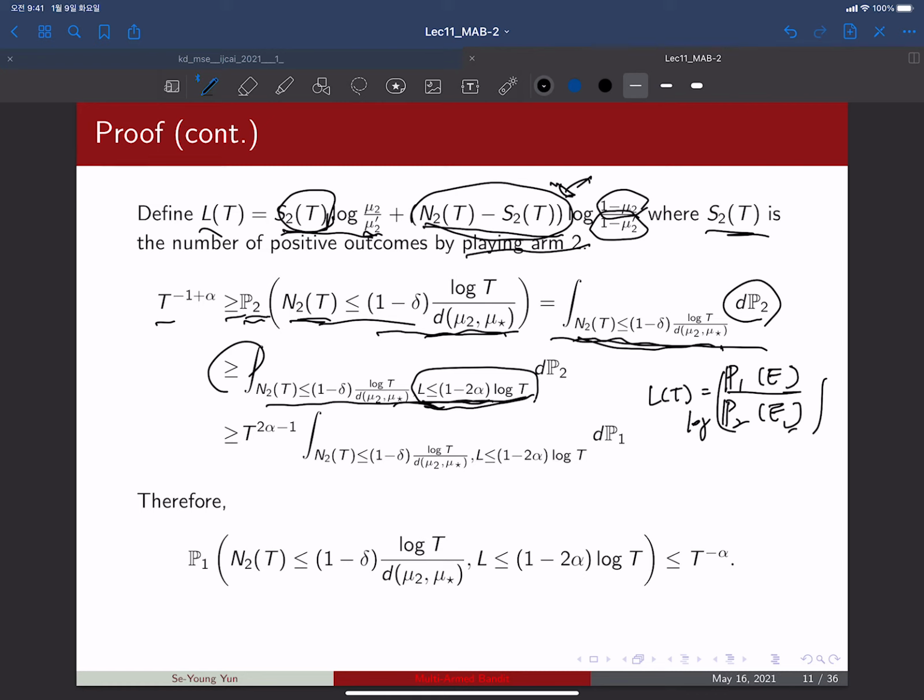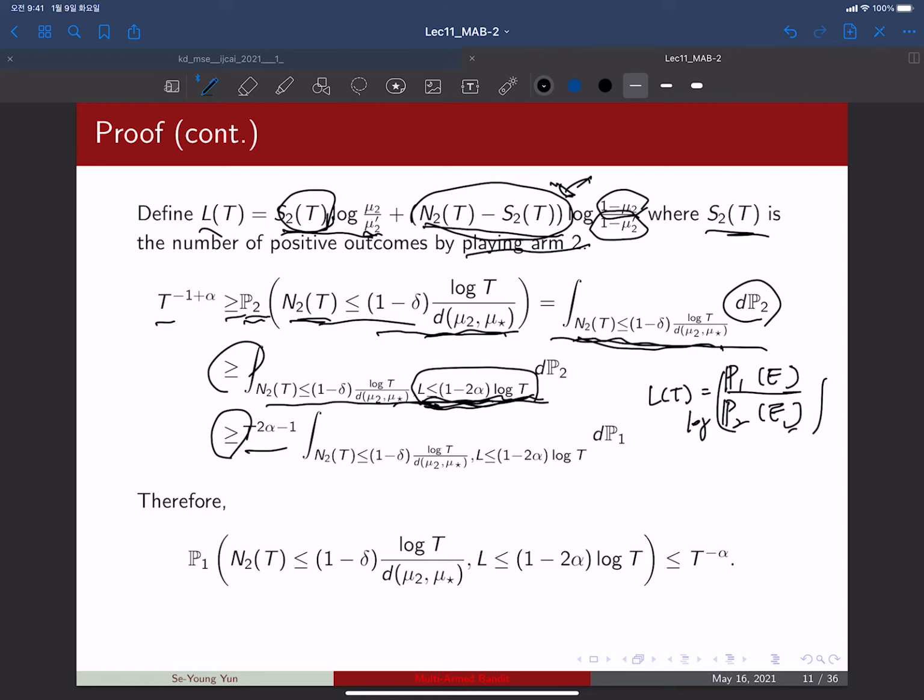So the LT function value basically just gives us the information about P1 over P2. Using that fact, we can add t to the 2 alpha minus 1 since we assume L is upper bounded by this, and we have this inequality sign.